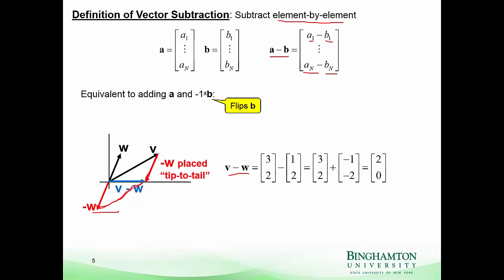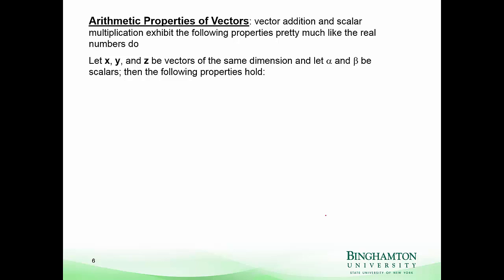Either way, we get this vector that is, in this case, horizontal. So that would be v minus w. So it's important to be able to quickly visualize what the sums and differences of various vectors look like.